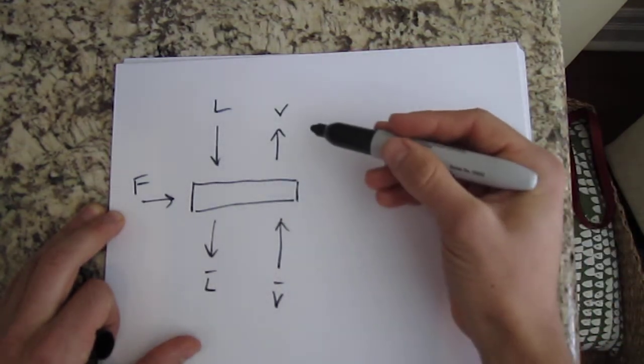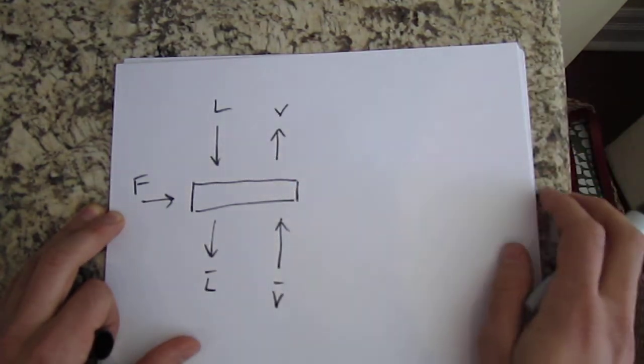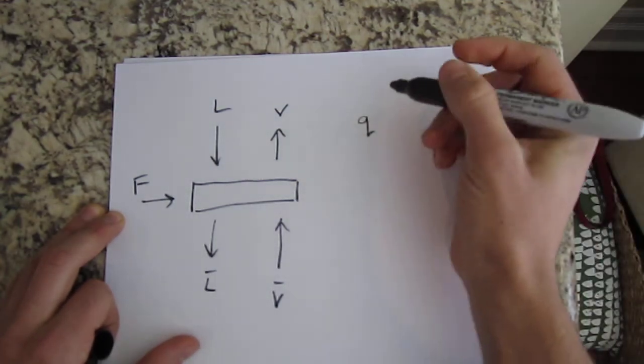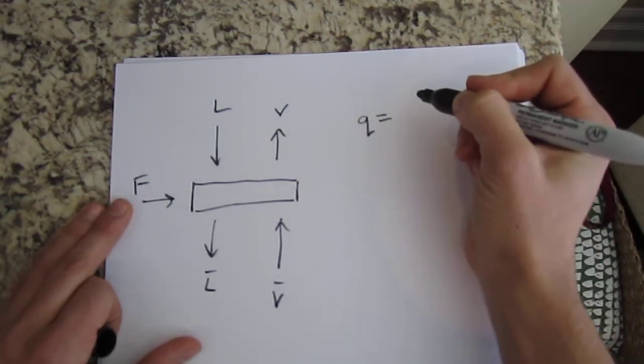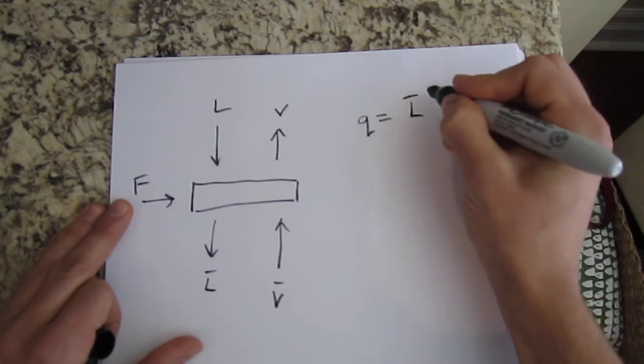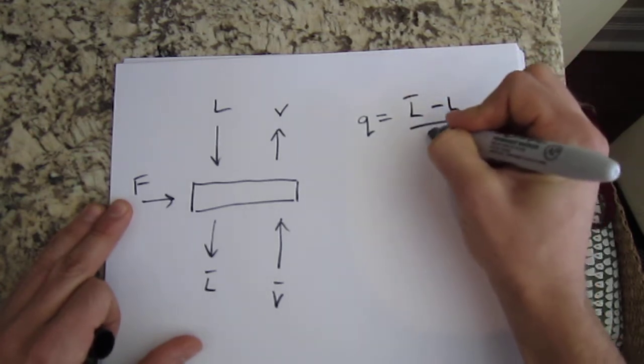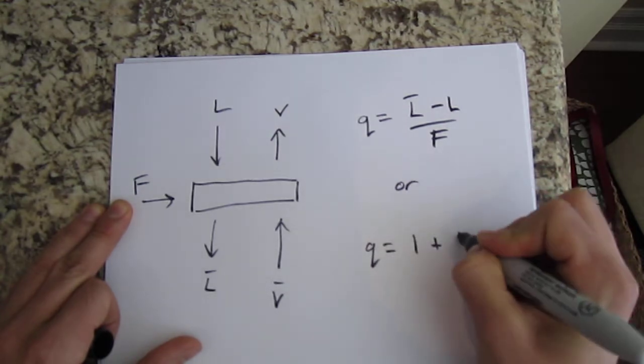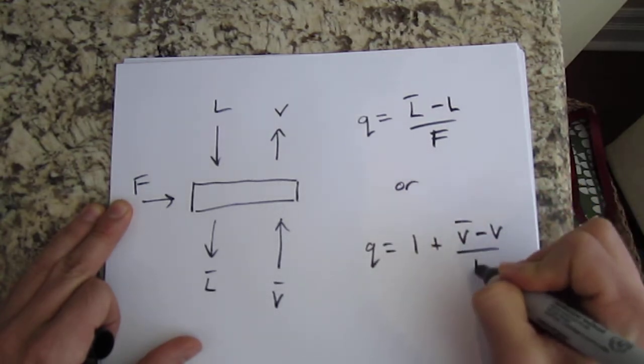But V bar and V aren't necessarily the same, and L bar and L aren't necessarily the same anymore. So Q is this helpful parameter that helps us make sense of it all. And it's defined as L bar minus L over F, or Q equals 1 plus V bar minus V over F.